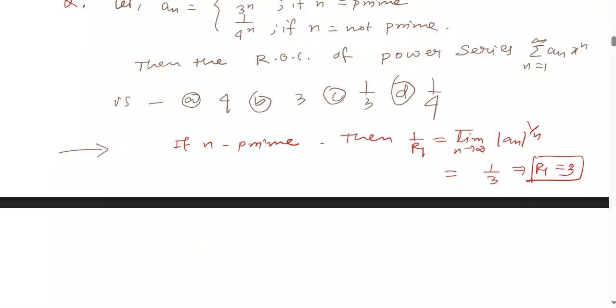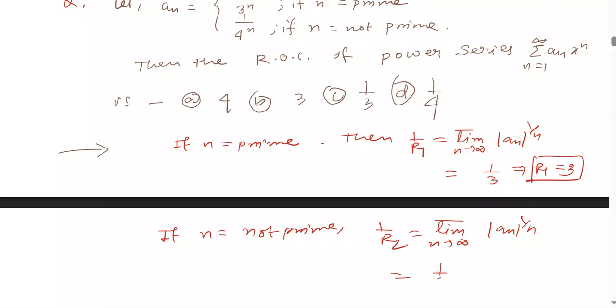Acha. If n not prime, under this case 1 by R2 equal to limit n tends to infinity a_n power 1 by n. From here it is 1 by 4. From here R2 equal to 4.